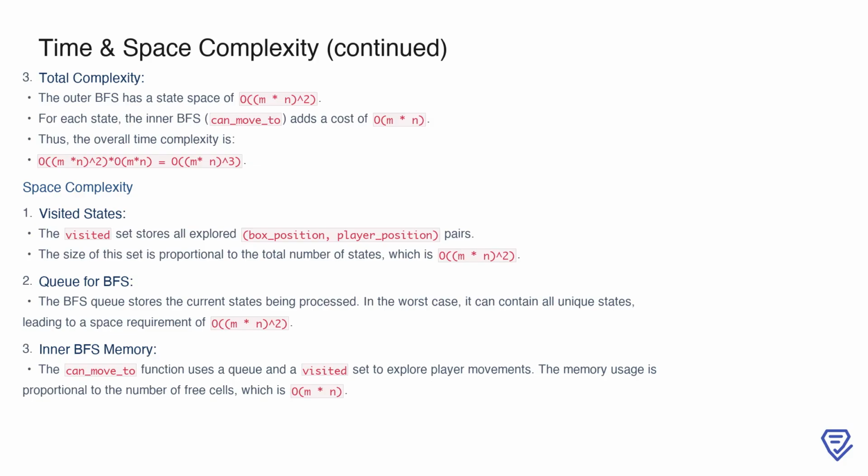Additionally, the BFS queue for processing states also requires space proportional to the number of unique states, resulting in m times n squared space usage. Finally, the inner BFS, which evaluates player movement, uses its own queue and a visited set to track free cells, contributing an additional m*n space. These components together form the primary contributors to the algorithm's space requirements.